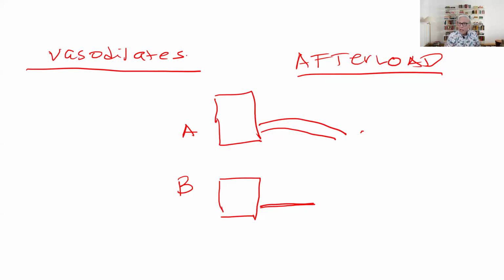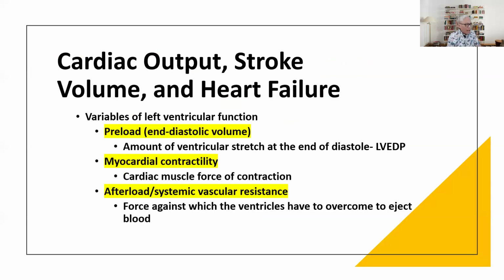But let's say now that if you have a drug that is given to a patient and they're vasoconstricted, their afterload is going to be increased. Okay, so that is the reason why whenever you are having, let's say, a drug that vasodilates, you're going to have a decrease in blood pressure.